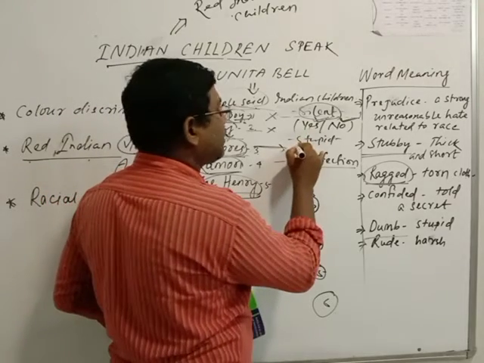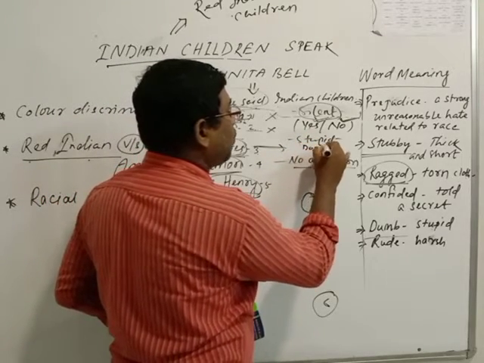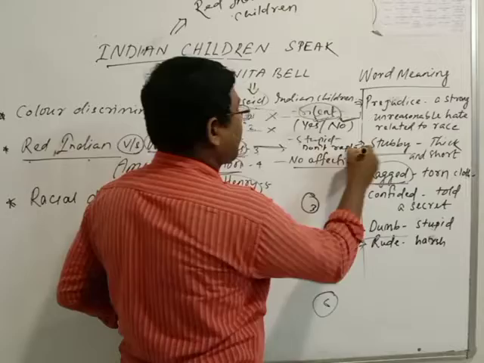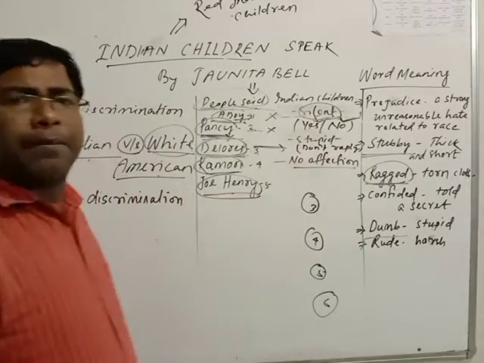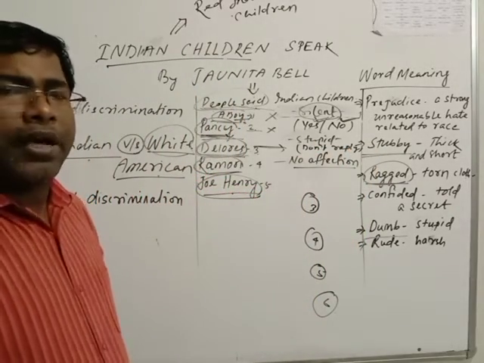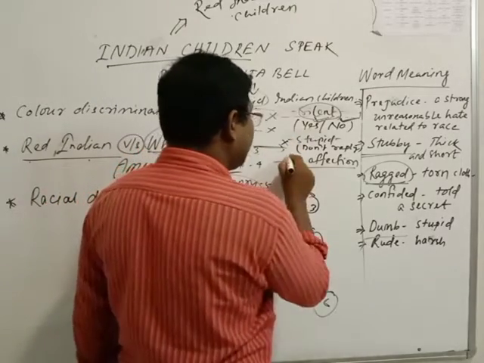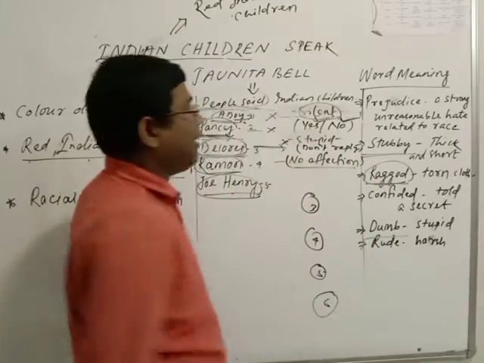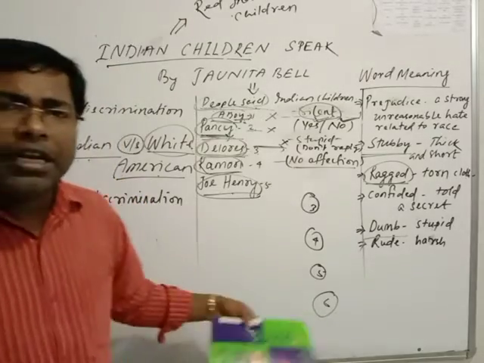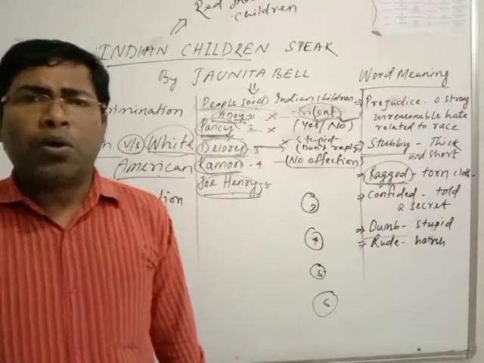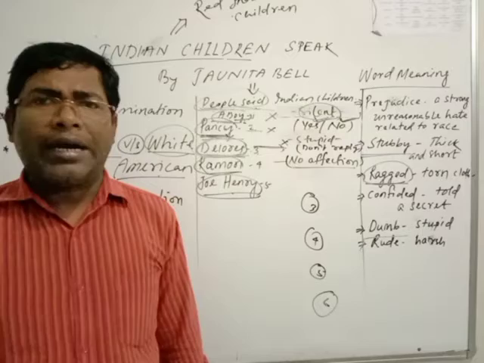They don't give any reply. But it was proved wrong. Similarly, in this line, people say they don't have any affection. They are very rude in nature. They don't know what is love. They don't know what is affection.